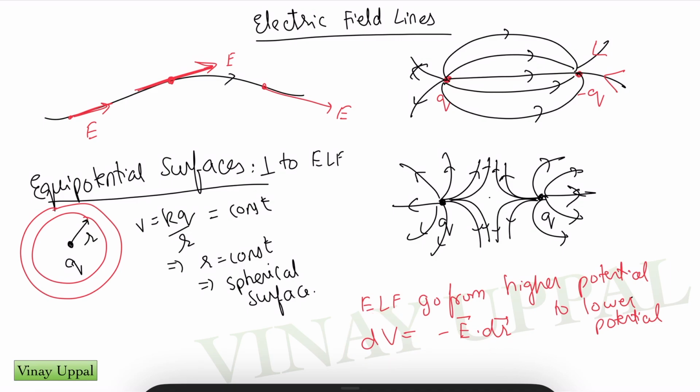So as you go along the electric field line, the potential will drop. In this case, as we all know, the electric field lines are radial, so they will be perpendicular to the equipotential surfaces, and they will be going away from the point charge. That also means they will be going from higher potential to lower potential. The further away you go from the positive point charge, the potential will decrease.